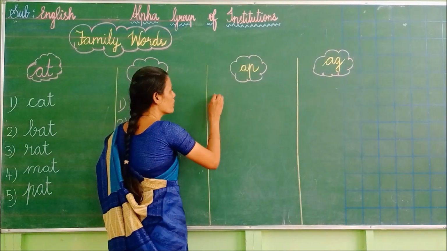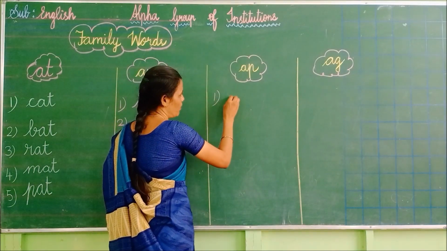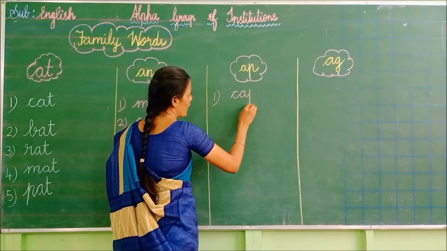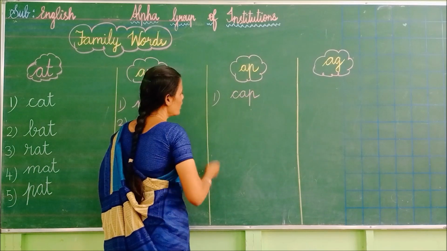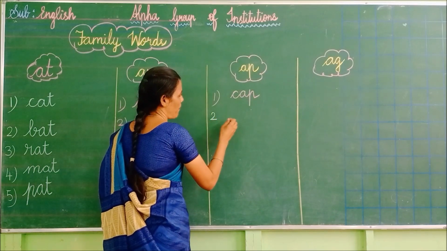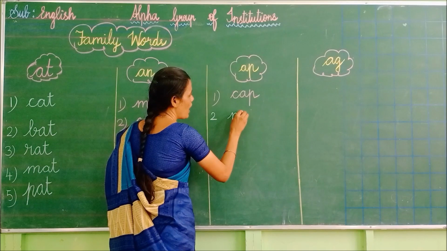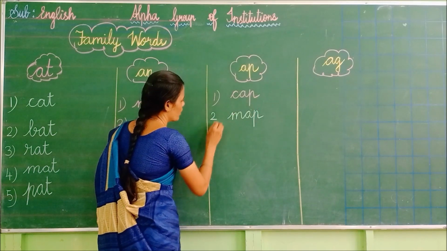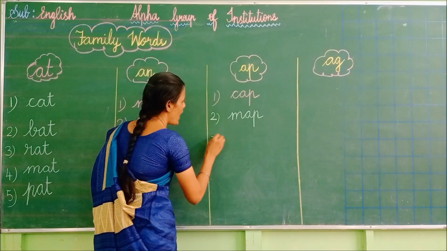First one. Cat. K, at, cat. Next one. Map. M, at, map. Next one. Lap.